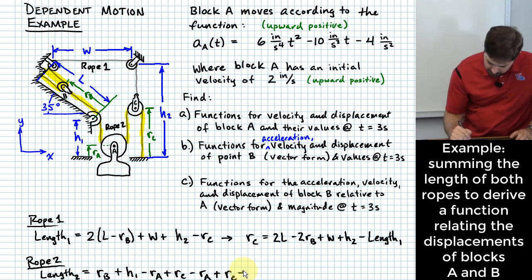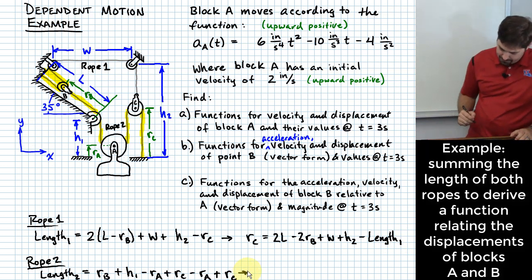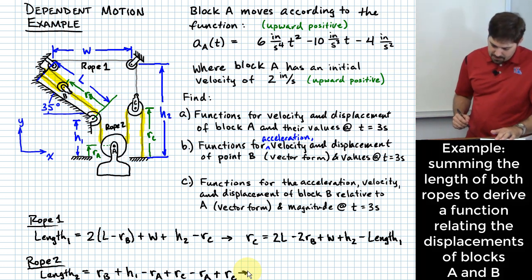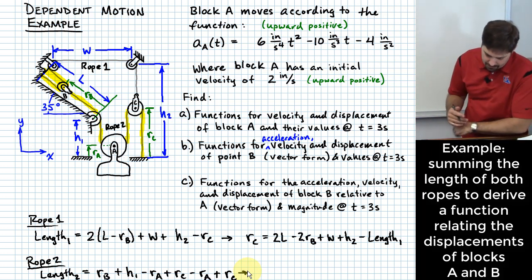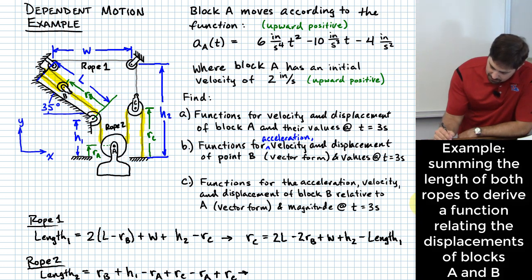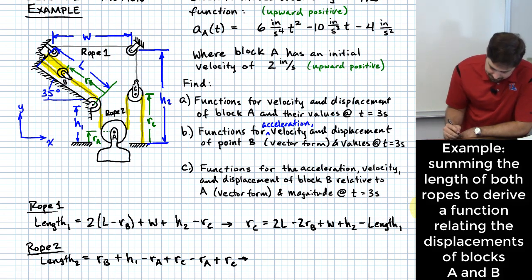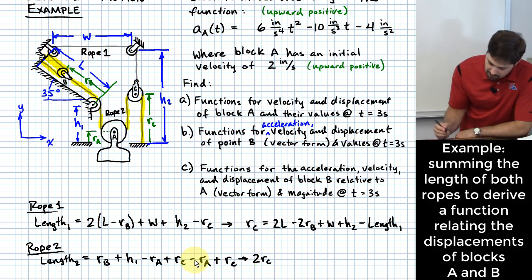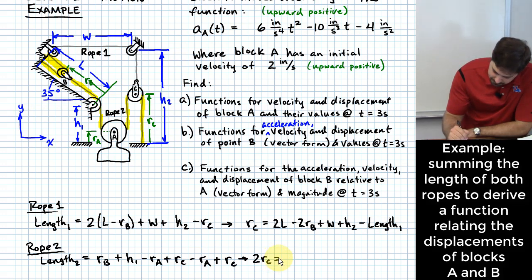And then I'll solve this one for R sub C as well. Okay, this is just a little bit different, right? But I can solve this one also for R sub C. To do that, I can end up with 2 times R sub C, right? Because there's 2 instances of it there. 2 times R sub C. I'll keep that on this side of the expression.